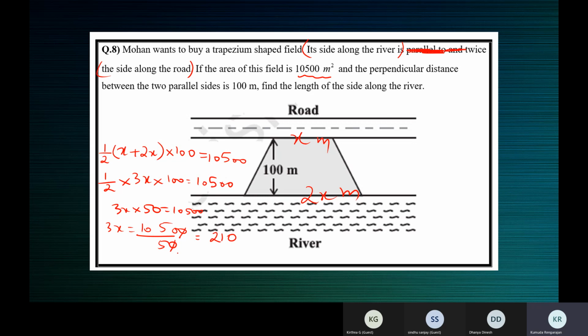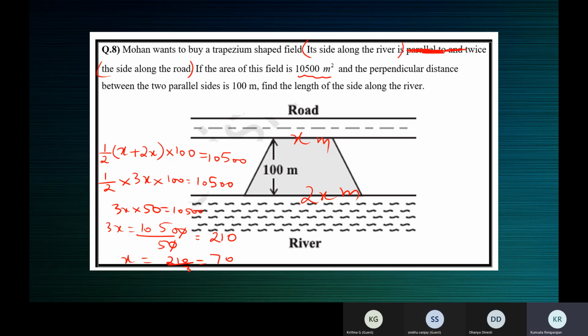Correct? 210. X is equal to 210 by 3, ma'am. Very good. So x is equal to 70. 70 what? What's the unit? 70 meters, ma'am.